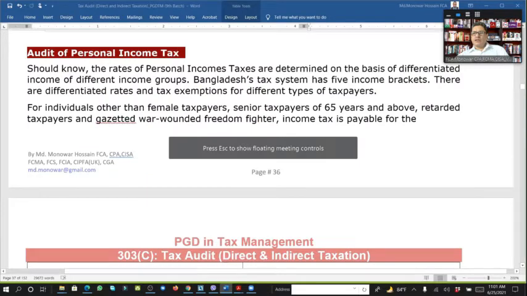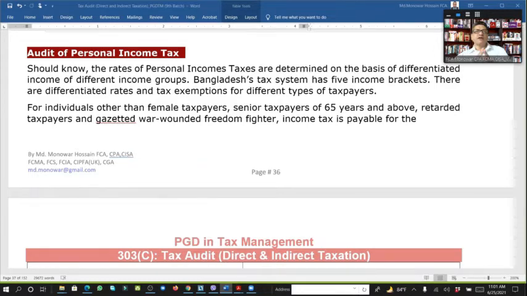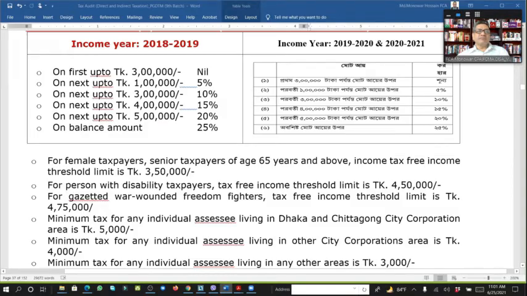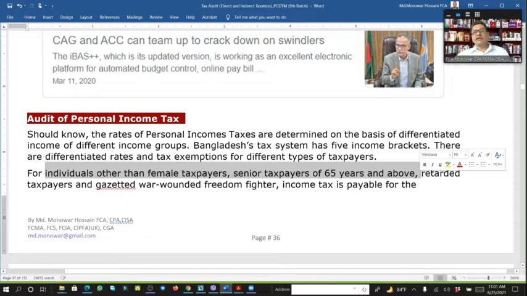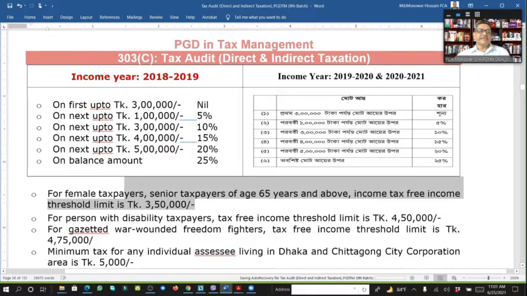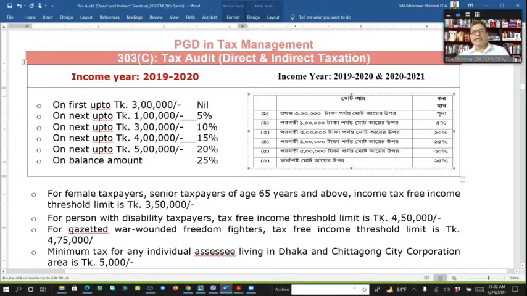Audit of personal income tax. This is the item as we know for a salaried person and other individual persons, or partnership partners. For individuals, other than female taxpayers, citizens aged 65 years have a separate slab. From the audit point of view, we calculated previously at the slab, and the budget has no changes here, but one thing only is added: third gender.